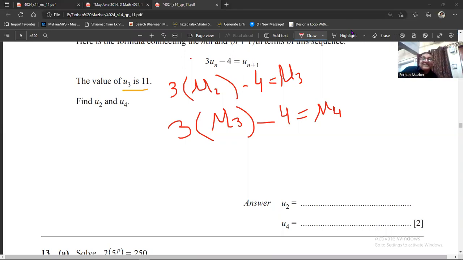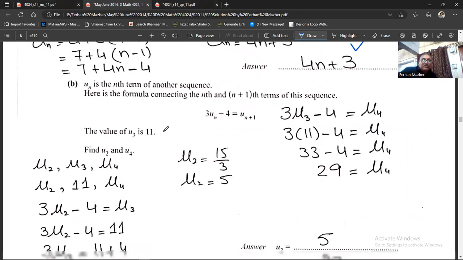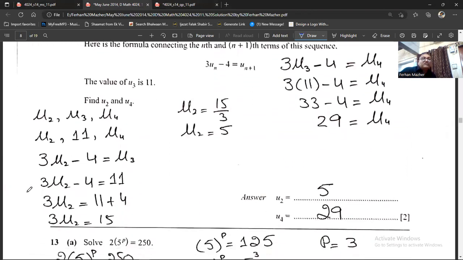Oh, I'm sorry. This is the fourth term. So the third term is 11. So I need to find out the second term and the fourth term. Here we go. u2 is a question, u4 is a question, u3 is 11.